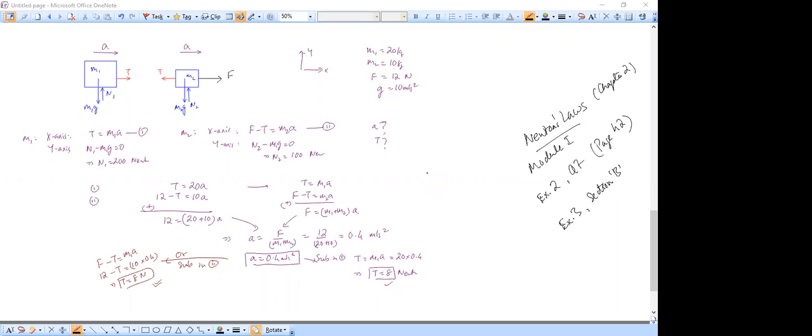Yeah, Yuvraj, the distance between M1 and M2 will always remain equal to the length of the thread. That is a given. Okay, 4th, 5th, and 6th. So questions 4, 5, and 6, we'll look at these.